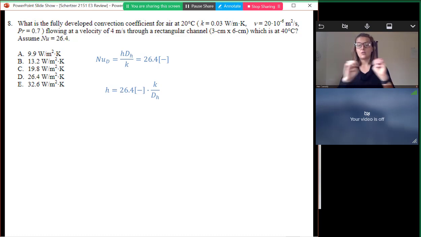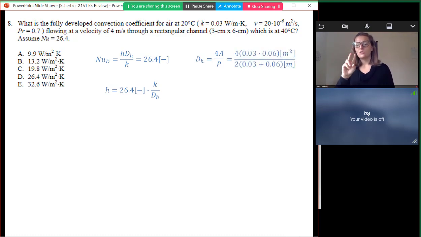I need k, which is given to me, but I have to pick the right k. There's only one fluid here, so I pick that k, and then I need the hydraulic diameter. My hydraulic diameter is 4 times the area divided by the perimeter. I know the dimensions of my channel, 3 centimeters by 6 centimeters. I put that in meters here.